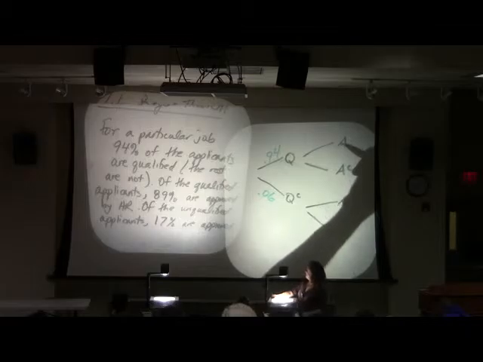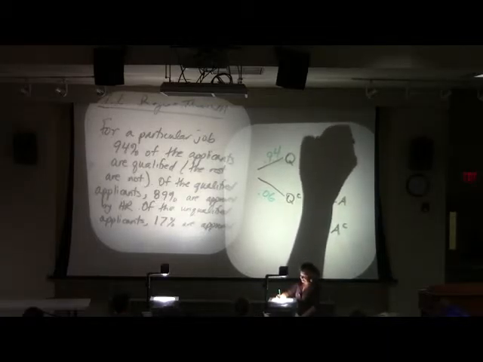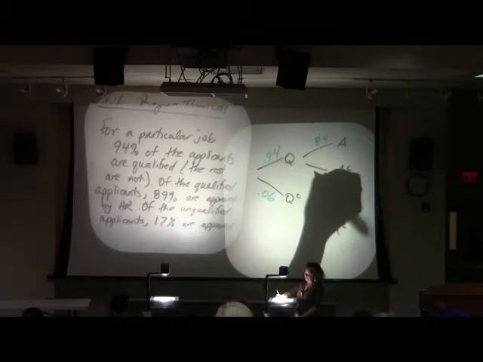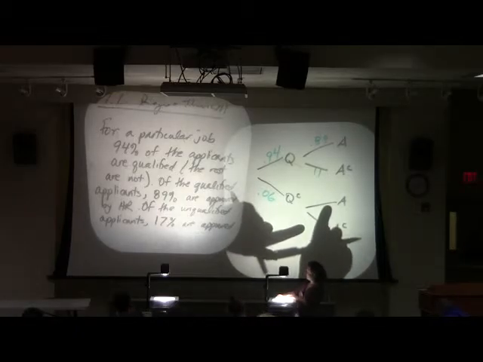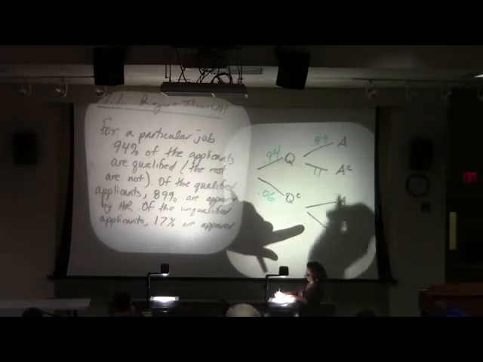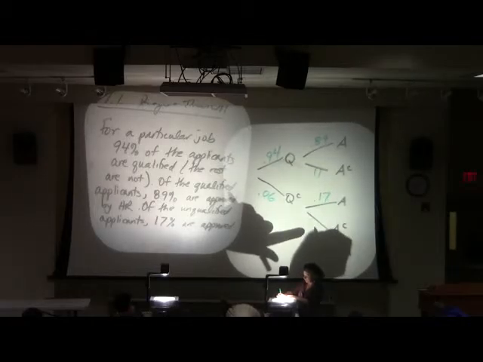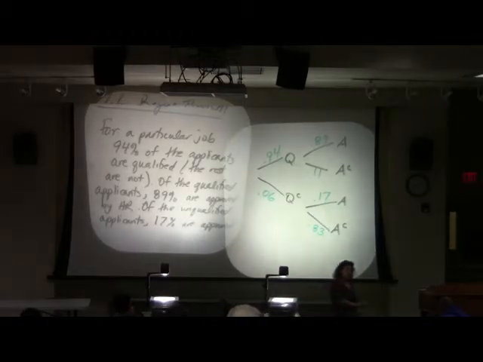Of the qualified guys, what percentage are approved? 89%, so I have 0.89 here. Therefore, what goes right here? 0.11. These guys have to add up to 1, don't they? All right, of the unqualified applicants, what is the percentage that was approved? 17%. Therefore, what percentage were not approved? 83%. Are you guys okay with me on the tree?